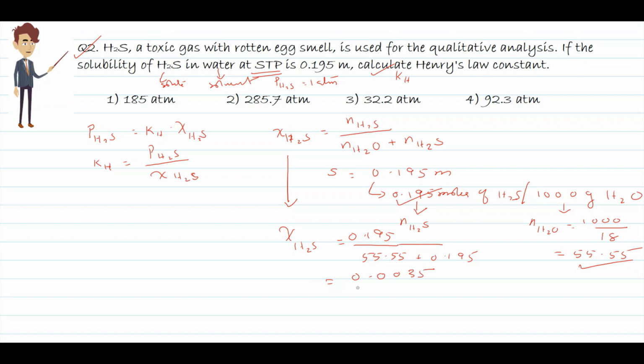You have to substitute this value here. PH2S we have already explained. It is nothing but 1 atmosphere. Chi H2S is 0.0035. So Henry's law constant equals 1 by 0.0035. The answer is 285.7 atmosphere. Option 2 is correct.